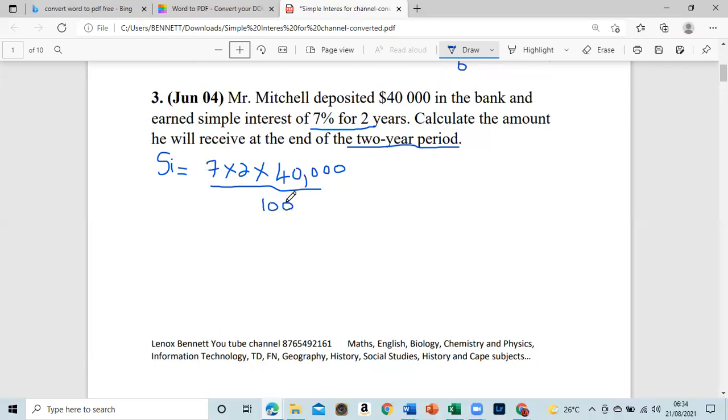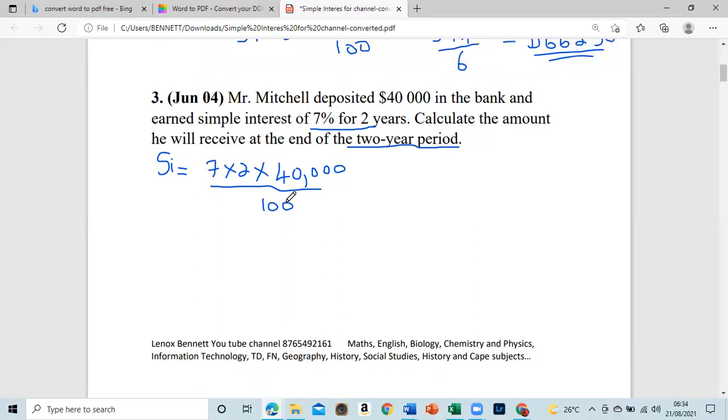All right, so let's calculate the simple interest. 7 times 2 is 14 times 40,000, that's 560,000 divided by 100. That gives you 5,600.